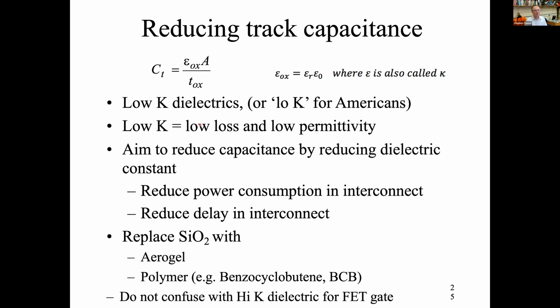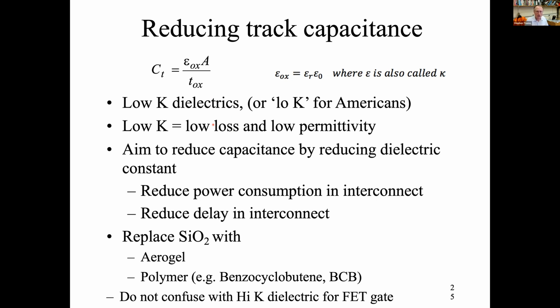So low K gives you lower loss. The permittivity is lower. And that then reduces the power consumption in your interconnects, and that reduces your delays. So how can you reduce the dielectric constant or permittivity?